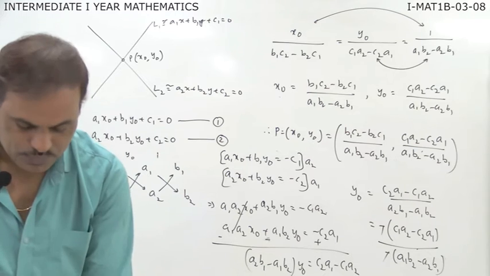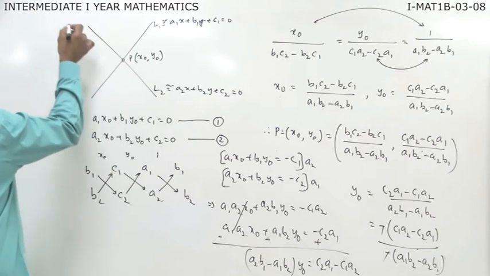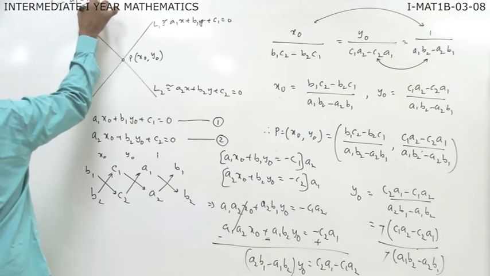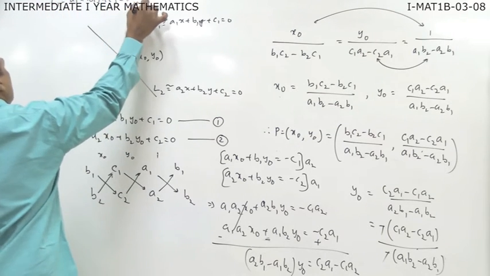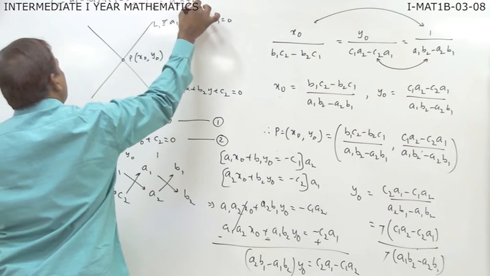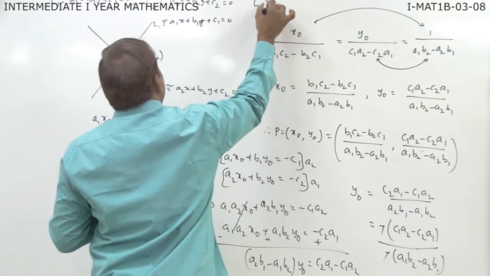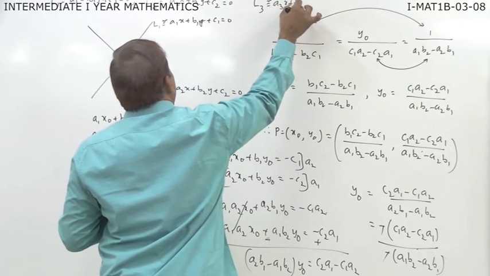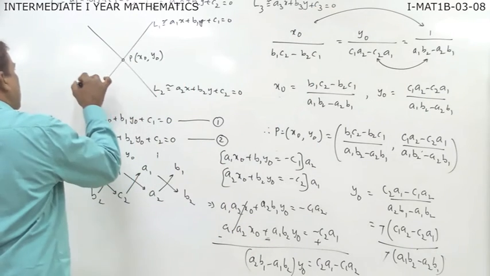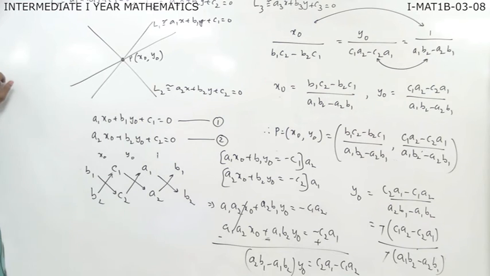L1 is a1x plus b1y plus c1 is equal to 0. L2 is a2x plus b2y plus c2 is equal to 0. We take another line, L3 is a3x plus b3y plus c3 is equal to 0. If these three straight lines pass through the same point, we call them concurrent.